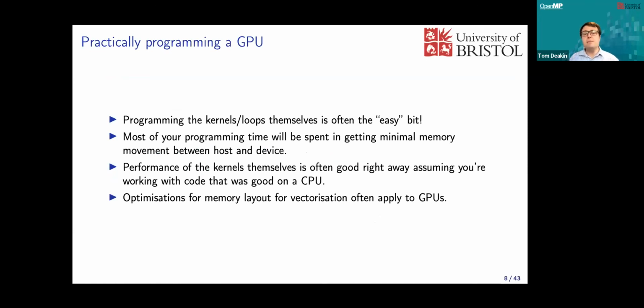It's often the easier bit to get right, especially if you've already got a highly optimized CPU implementation. Most of the development and programming time, in our experience at least, is spent making sure that we optimize the movement of memory between the host and the device, making sure that the data transfer between the two distinct memory spaces is as optimized as possible.